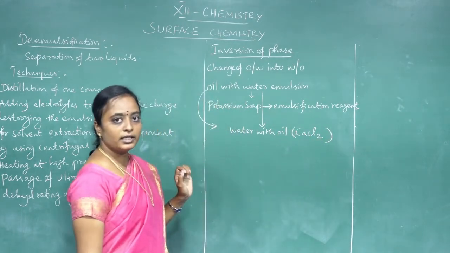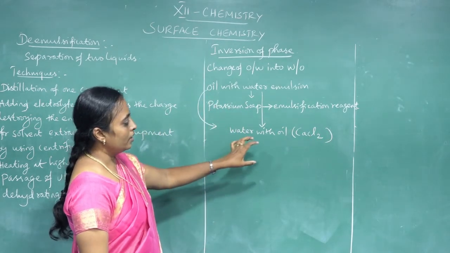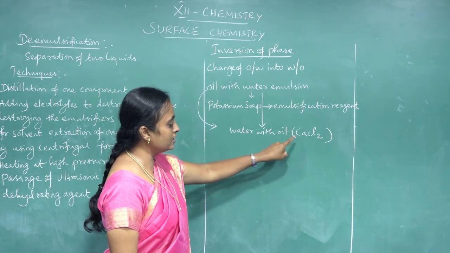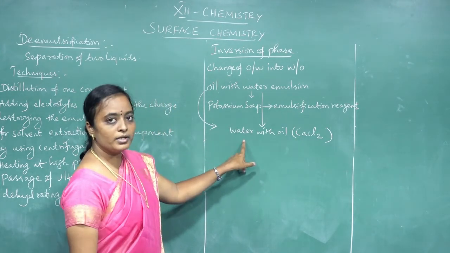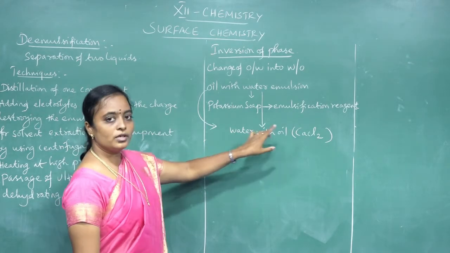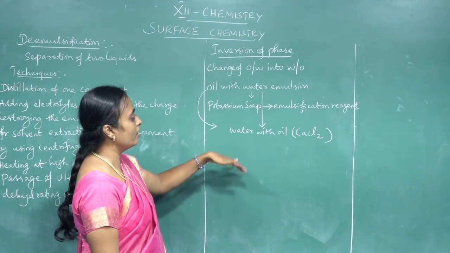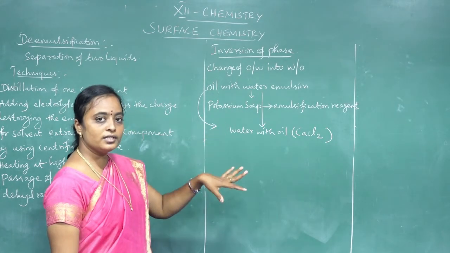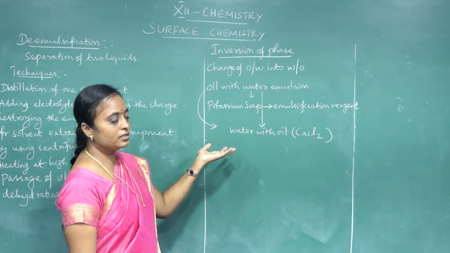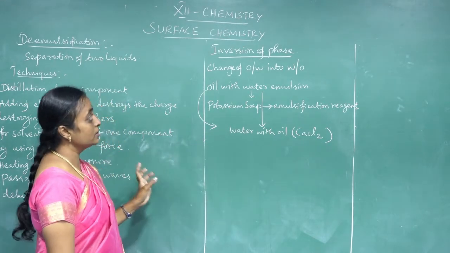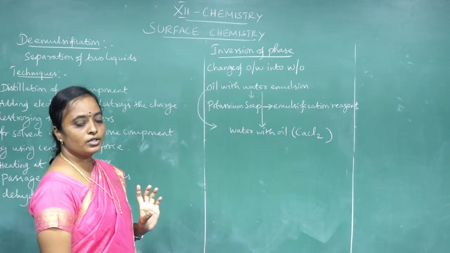The calcium chloride emulsifying agent changes the type of emulsion to water in oil. So by exchanging the emulsifying reagent, we can change the phase, that is, oil in water is converted into water in oil. This process is called inversion of a phase.